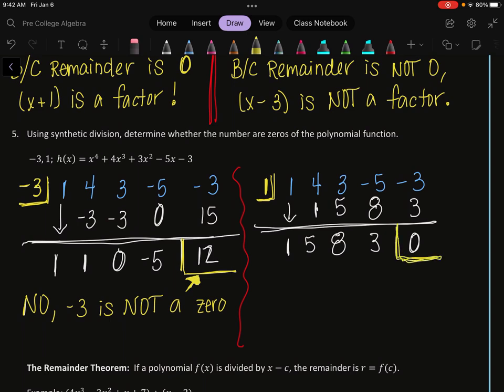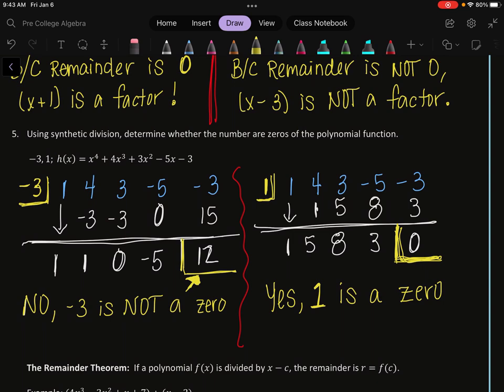So, because the remainder is 0, yes, 1 is a 0 of the polynomial. If the remainder is 0, it is a 0 of the polynomial.